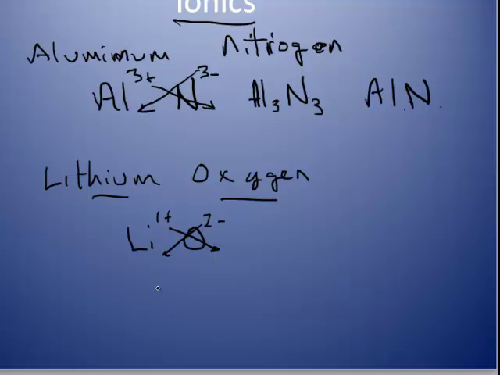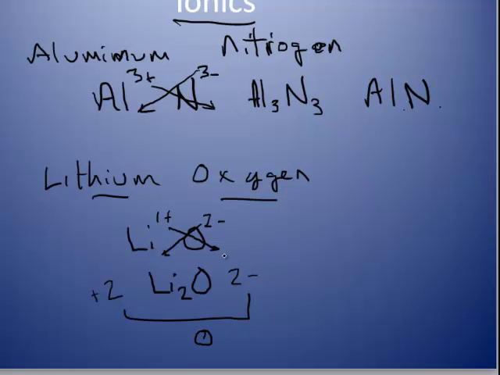That number goes there. So we would have Li2O. And again, if you had 2 lithiums, 2 times 1 plus would give you an overall charge of 2 plus for the lithiums. 1 oxygen at 2 minus would be 2 minus, so the overall charge would be 0. And that's what we want for ionic compounds.